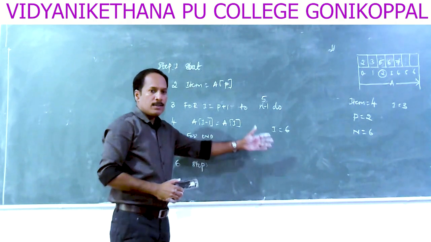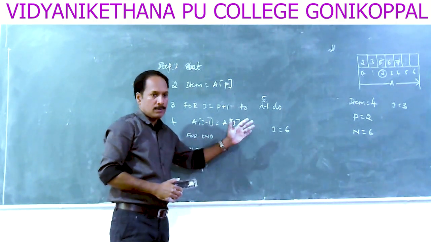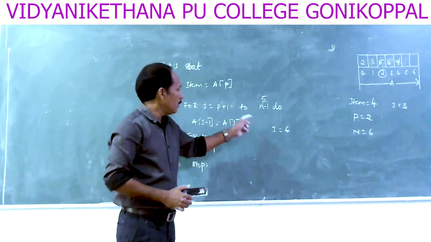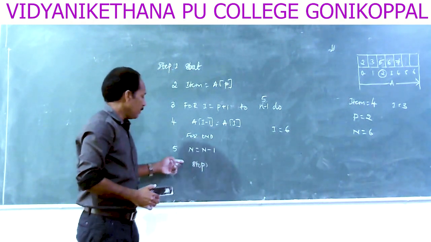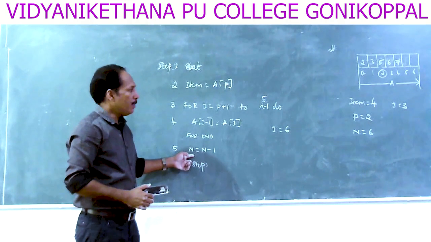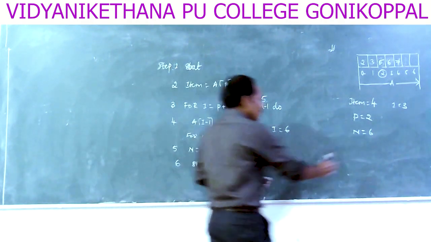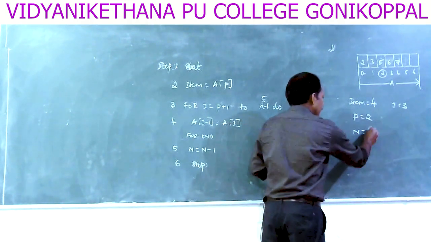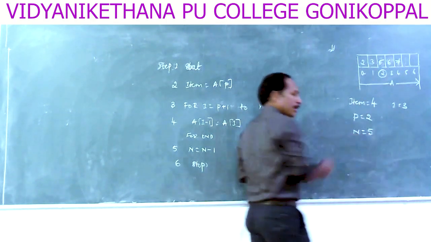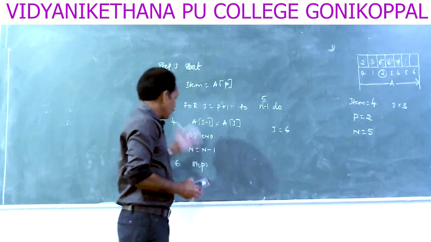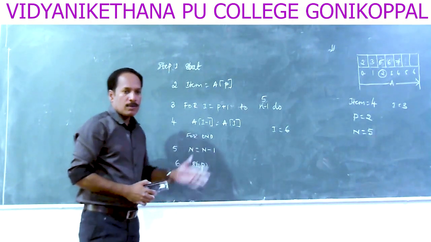That is, we reached the last element, where we can see there are no more elements. This loop will decide mathematically there are no more elements. Stop. Then n equals n minus 1. N previously 6, now it becomes 5 because the number of elements present after deletion is 1, 2, 3, 4, 5. So there exist 5 elements. So this is the algorithm for deletion.